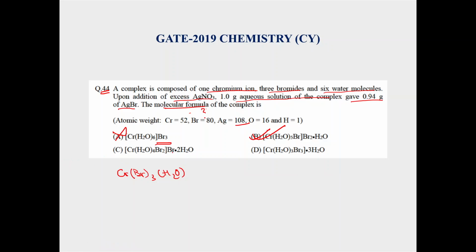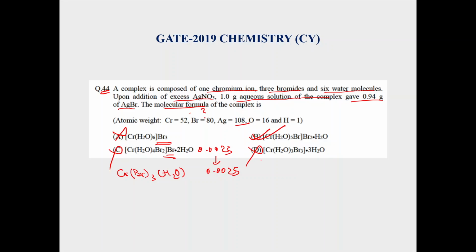In this option, they have given one bromine outside. If this was the case, then from 0.0025 we should get 0.0025 of AgBr only, which is not the case. So this is incorrect. In option D, all the bromine is inside, so we would not have obtained any AgBr after this reaction with silver nitrate.